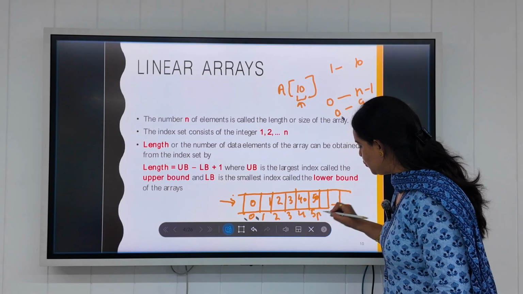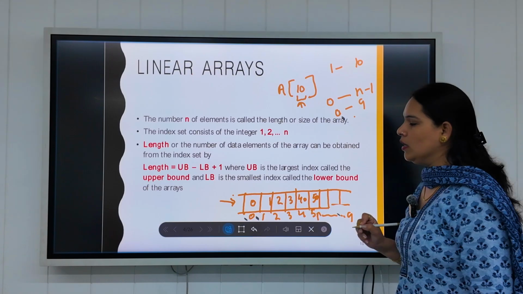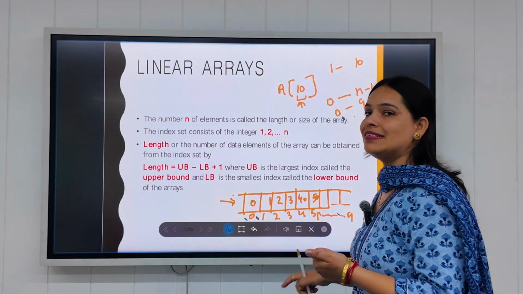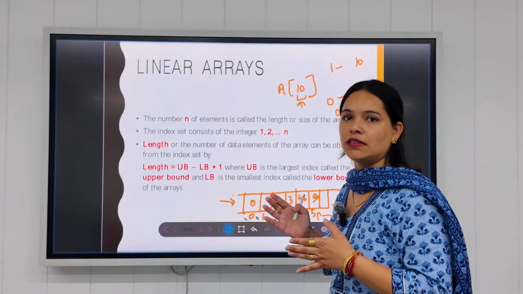This is your UB. And what about the 9? Let's suppose we are proceeding from 0 to 9, which is representing 10 data items. So 9 is the maximum index of the array. Max is the total number of items in the array.